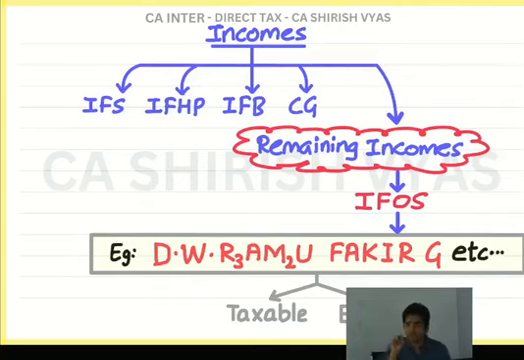Have I explained some tax rates percentage? No. So since I have not taught you, I will not explain why parents are paying the tax on the minor's income. But this reason is pending. I will explain, trust me, at the right point of time.